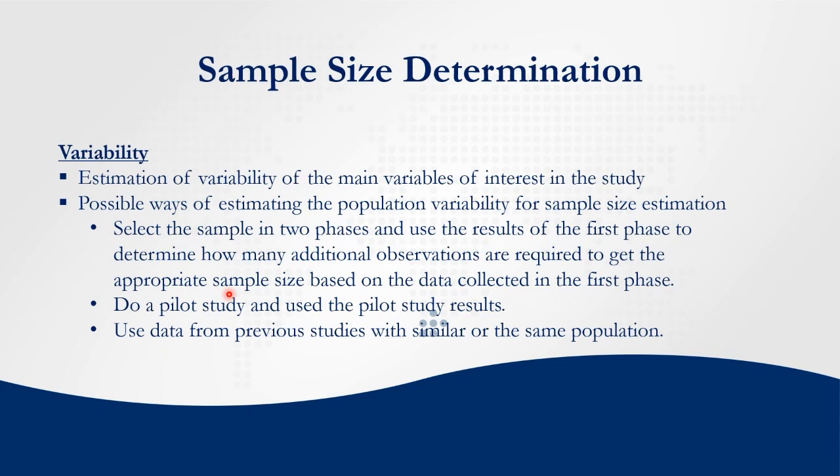So maybe you select 50 units and do your computations, and from those you get the variability. Then you take that variability as an input into your sample size formula to see, now that I've collected 50, do I need more? Based on the variability from the 50, which I'm using as a proxy for the variability in the population, how many more observations do I need?